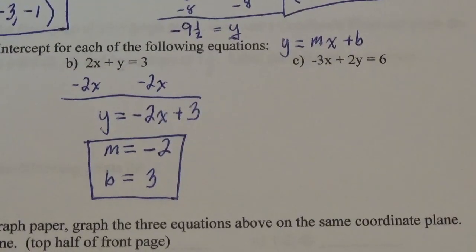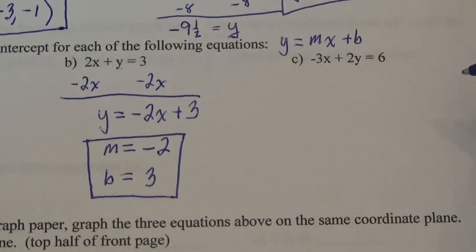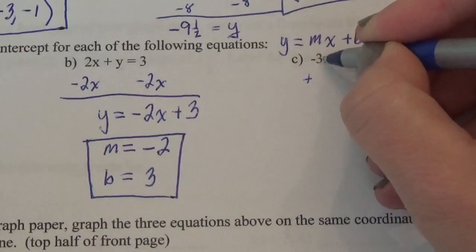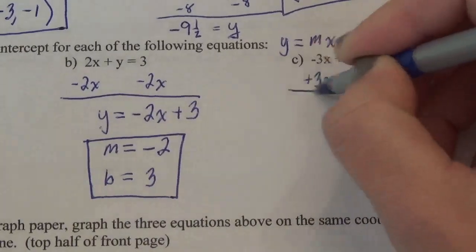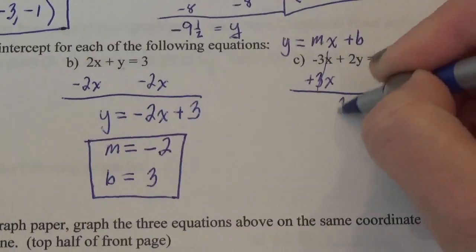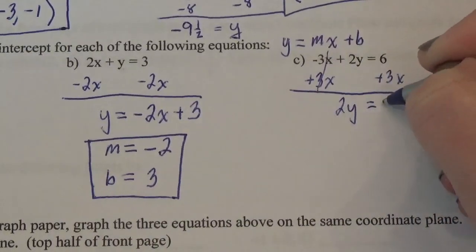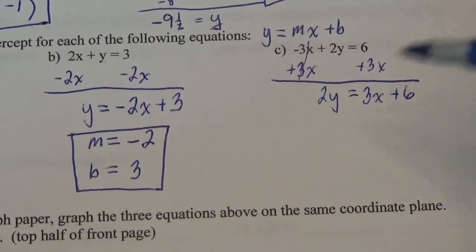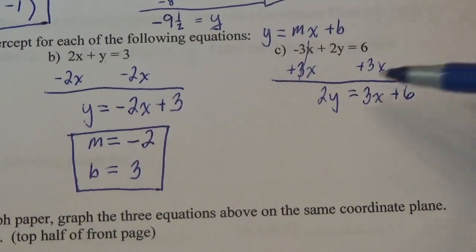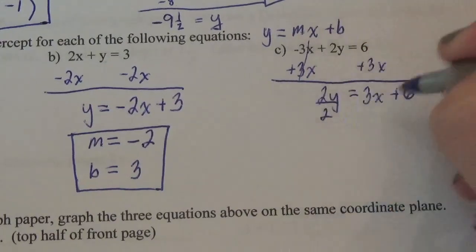Okay, one more. Trying to get y by itself. Since that's a -3x, we're going to add 3x. That's gone. I have a 3x and a +6. I'm almost there. To get y by itself now, I'm going to divide by 2.